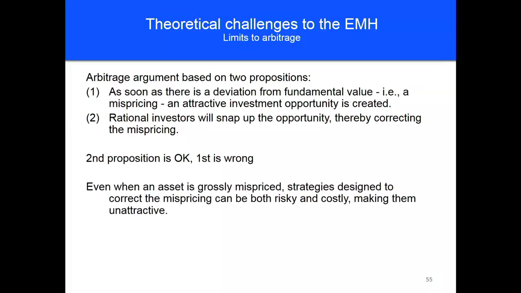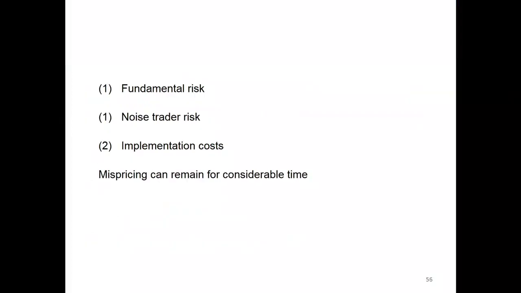Why not? Because when you try to exploit that deviation to capture the benefit, you'll find that it's risky and costly. The risk and the costs prevent the market from responding so that prices come back to their true value. So the mispricing can remain for a considerable period of time.